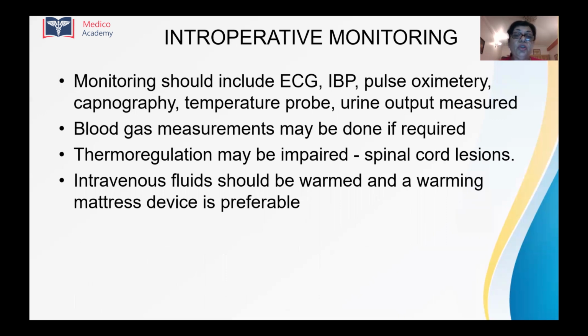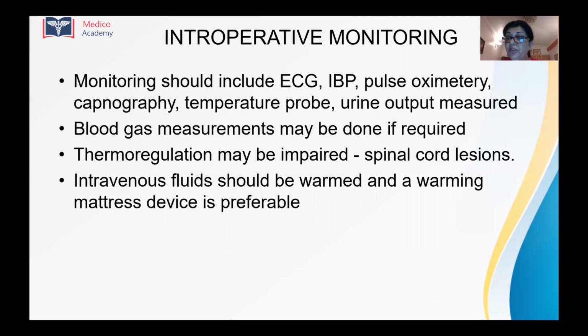In the lumbar spine, excessive lordosis may lead to neurological injury. Intraoperative monitoring. The monitoring should include the ECG, IBP, pulse oximetry, capnography, temperature, and urine output measurement. Respiratory system monitoring should always include the end tidal carbon dioxide concentration and the peak airway pressure. In major surgery, serial measurement of arterial oxygen tension is recommended.